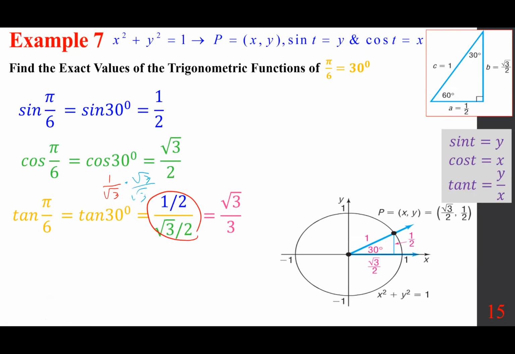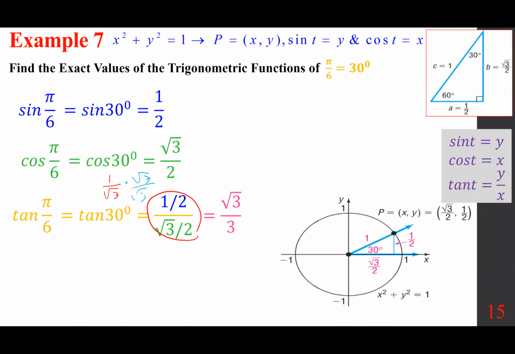If I multiply by square root of 3 over square root of 3, I can see the answer as 2 square root of 3 over 3. We do the same thing here. If we multiply by that ratio, we get square root of 3.